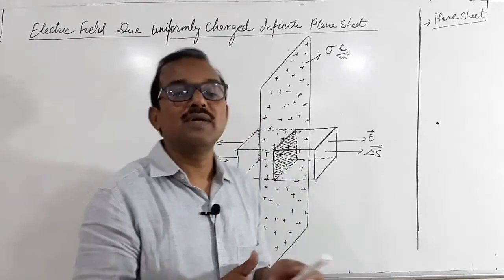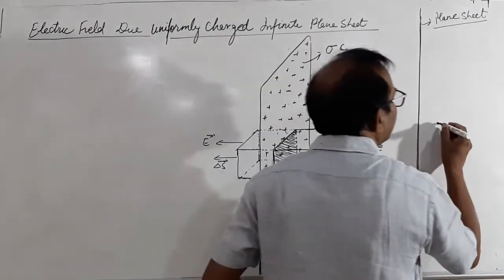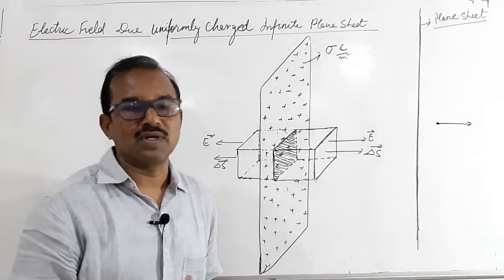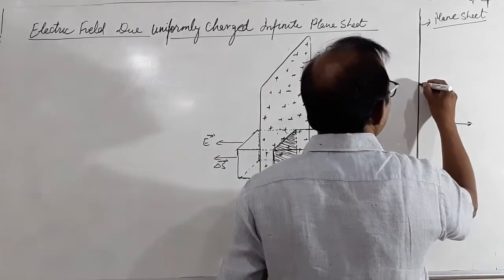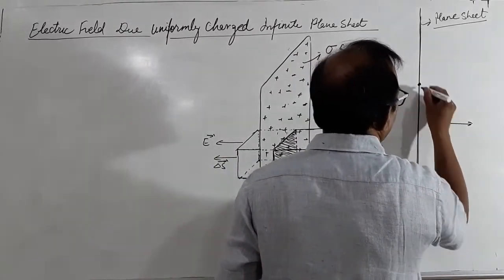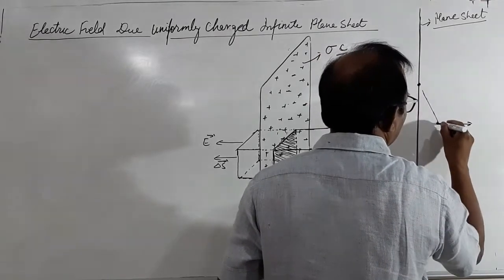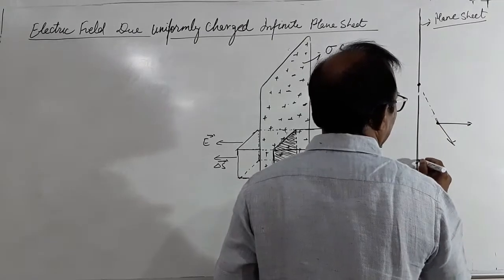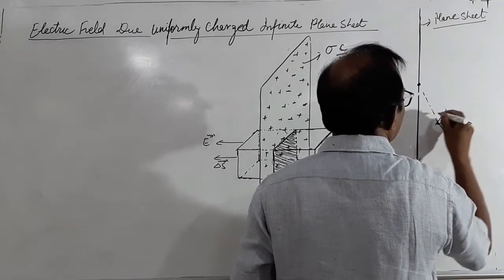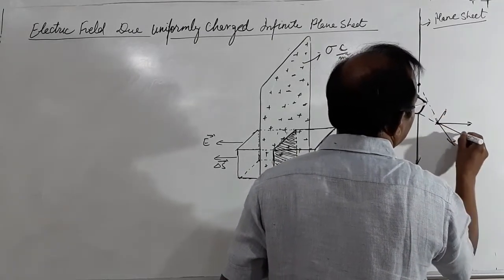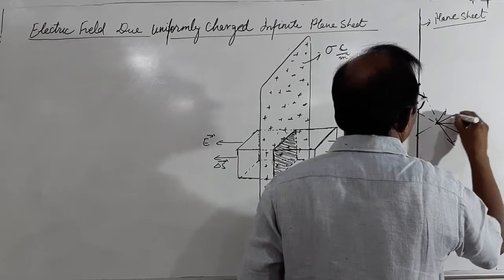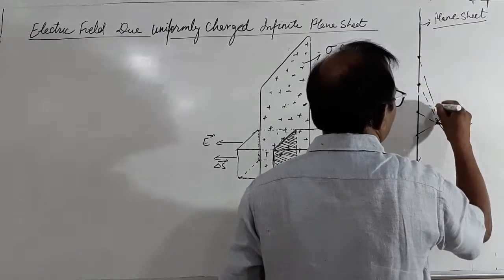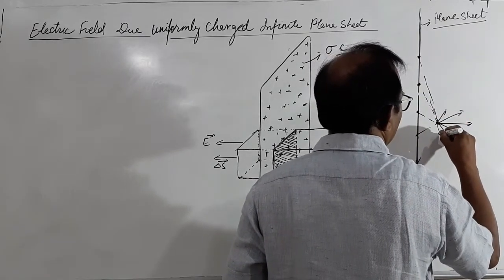This resultant electric field is nothing but in the outward direction, or you can say it is perpendicular to the distribution. Charge here offers a field here, and due to other charges of the sheet the fields are here and here.